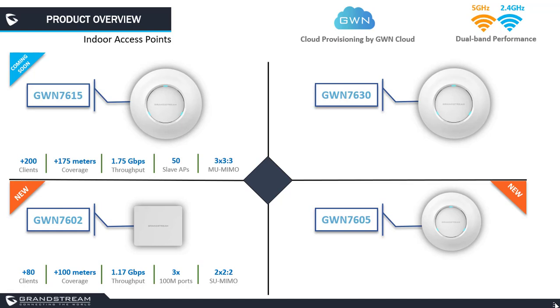The GW1 7602 offers dual band Wi-Fi 2x2, so this one has 2 antennas for transmission and 2 antennas for reception, which provides 2 streams. And this model uses the single user MIMO technology and supports up to 80 clients and 100 meter coverage range.